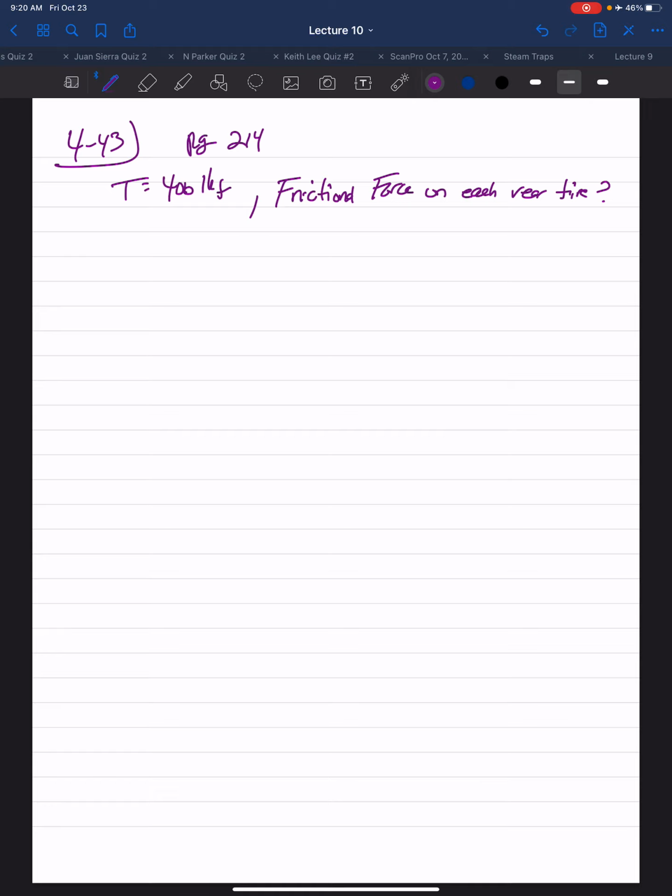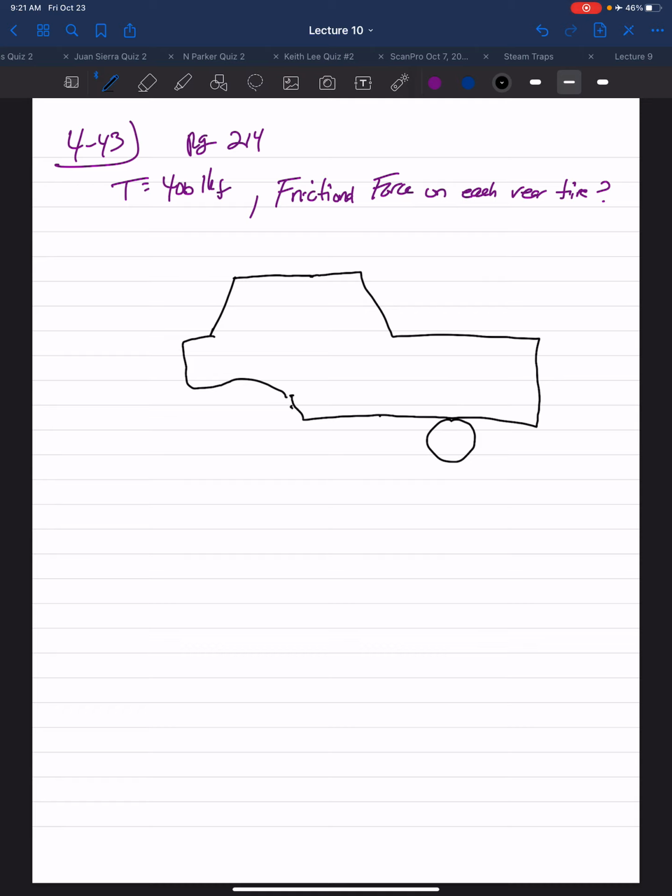So as always, let's start with our free body diagram. At G sub T is where the 7,500 pound force is applied.